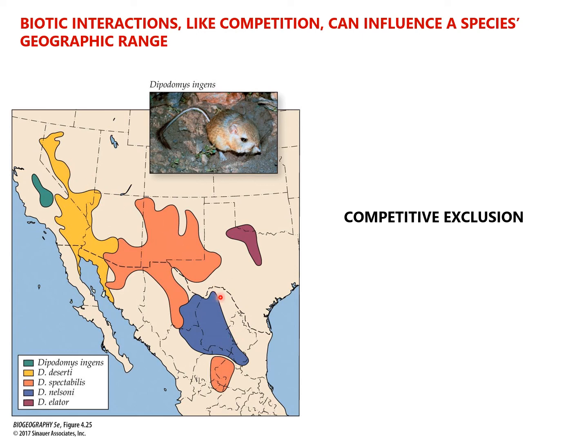Their realized niche and realized range is much smaller because of competitive exclusion. They're competing, and some of them can compete in different areas better, so they're sort of pushing each other out, and they have different geographic ranges. We call this competitive exclusion.